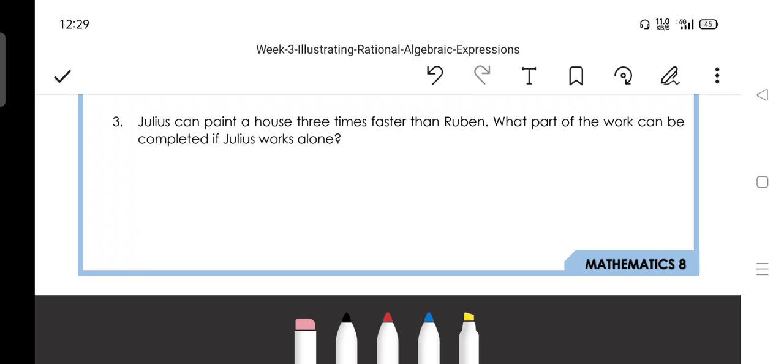In this case, we need to determine first the rate of work of each worker. So let's start from the first sentence. Julius can paint a house 3 times faster than Ruben.